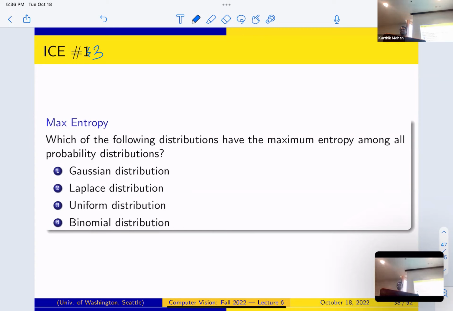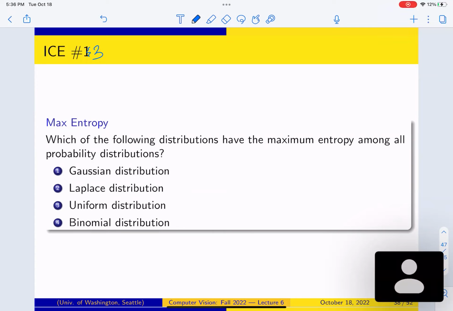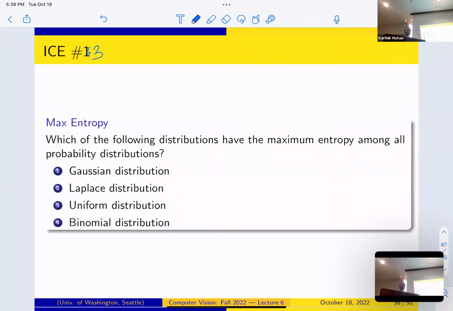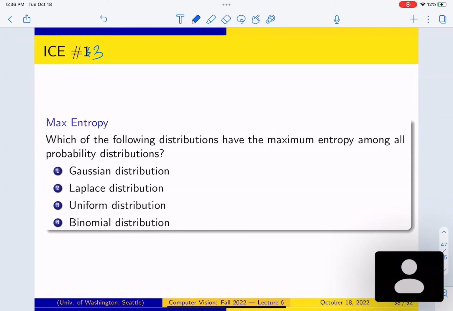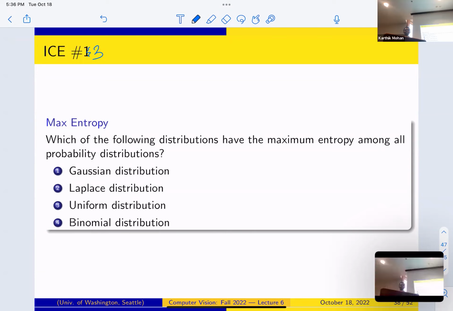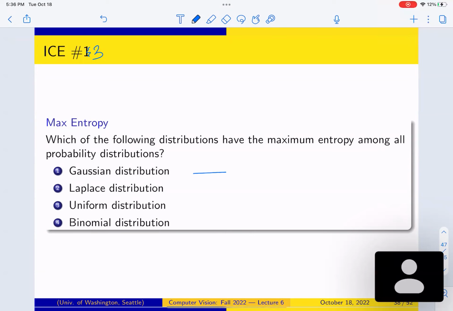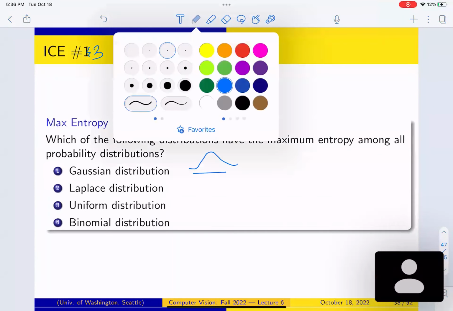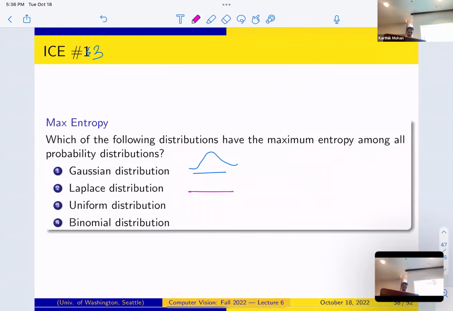Okay, so it's uniform. Why uniform? Because there's complete uncertainty. Uniform gives the same probability to every possible outcome. So you have no idea what's going on. It's all chaos. Right? I think it helps if you draw a picture.